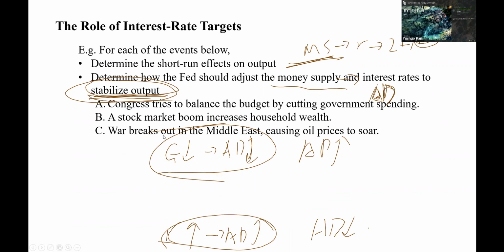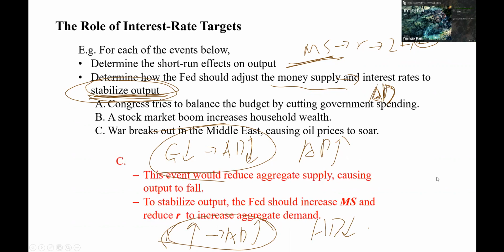C: War breaks out in the Middle East, causing oil prices to soar. Oil price is a cost for the suppliers, right? If cost increases, the short-run aggregate supply curve is going to decrease, which means output is going to decrease.